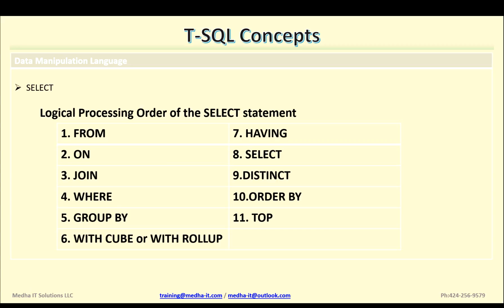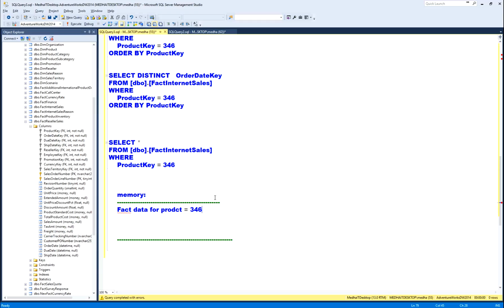Now what is it doing? It is processing the select statement. From this fact, what is the column we specified? We specified order date key, right. So what is the output of this step? You get order date key from fact.